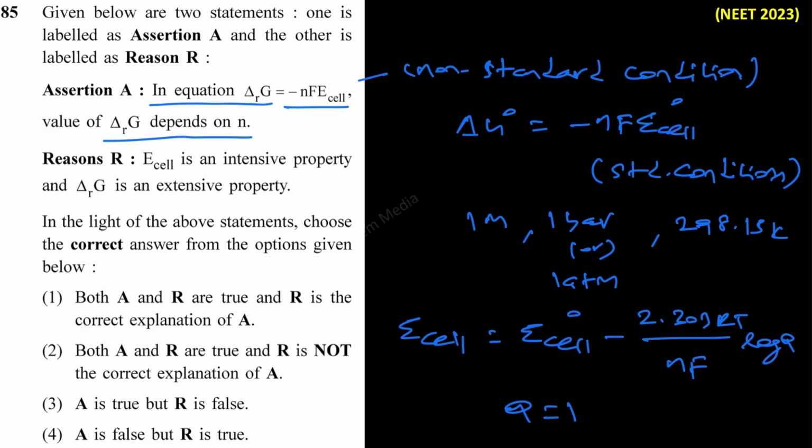If Q is equal to 1, then under standard conditions, Ecell will be equal to Ecell standard. But only under non-standard conditions, we use the Nernst equation.